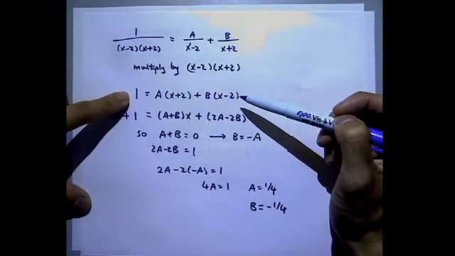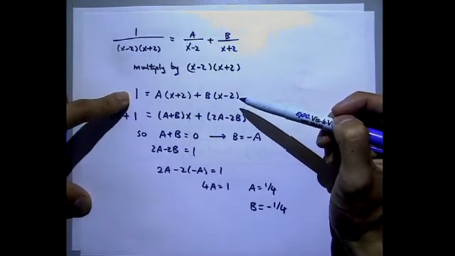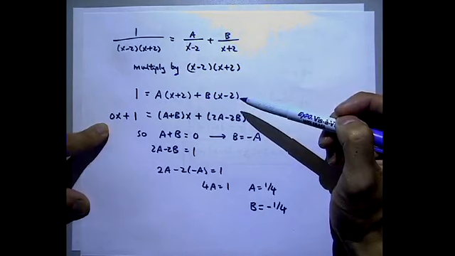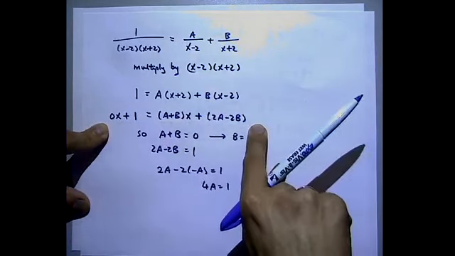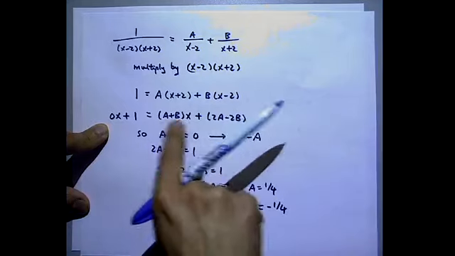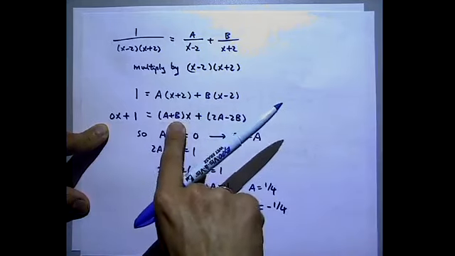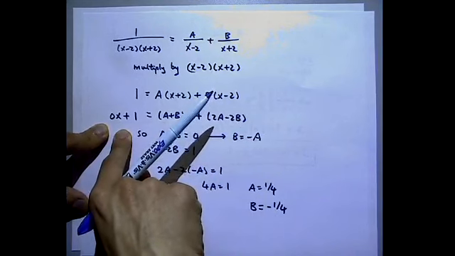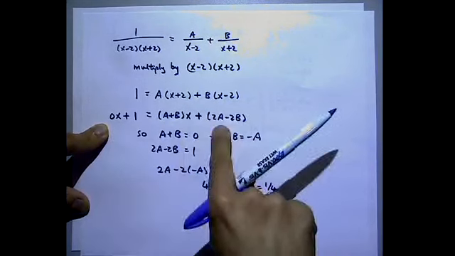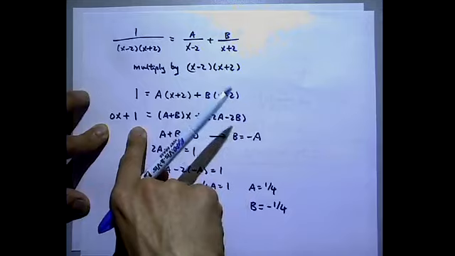The left side is a constant, 0 degree. So the left side has no x. But whatever's on the left must be equal to whatever's on the right. So therefore, these two together, when I add them, they must vanish so I can get a 0x on the left. And then whatever's left here must be 1.